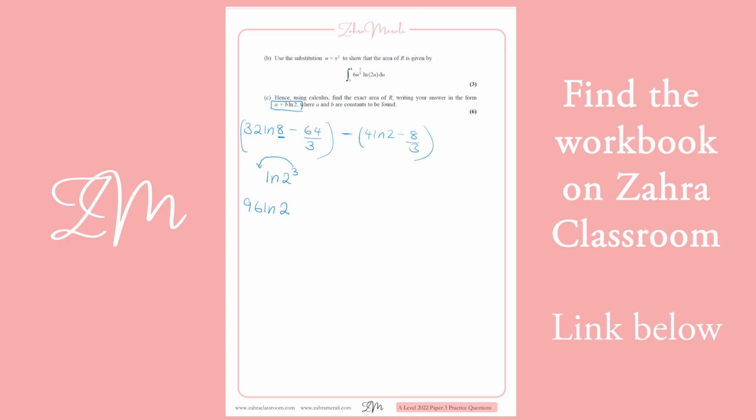And then we can do minus 64 over 3, minus minus, which makes a plus. So minus 64 plus 8, which gives you minus 56 over 3. And then we've also got minus 4 ln 2. So my final answer is going to be 92 ln 2 minus 56 over 3.